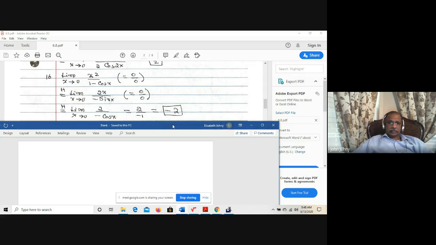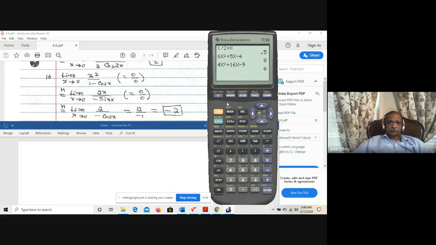And let us check whether the answer is right or not. I believe the answer is positive 2. So this is one way to check your answer. Keep the calculator in radian mode, and then you graph that function, x squared divided by 1 minus cos x.